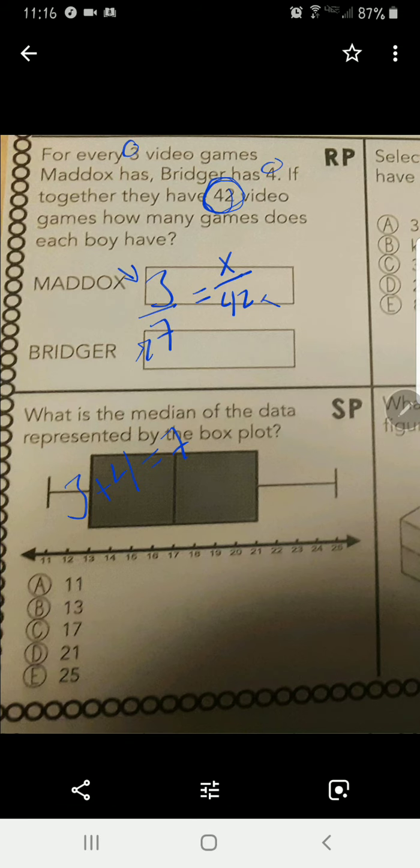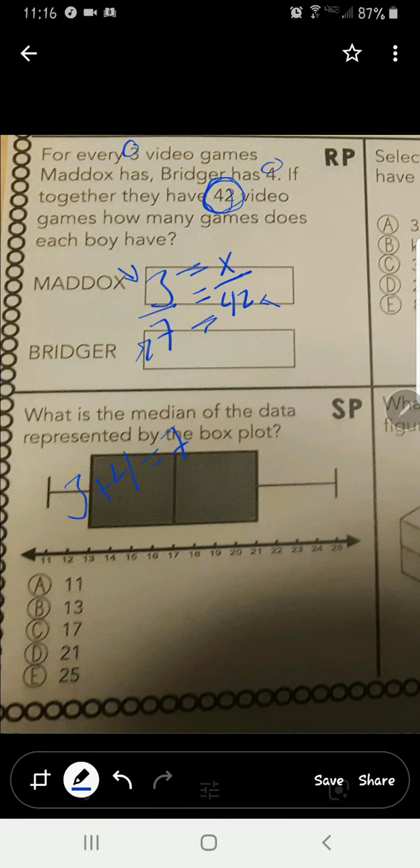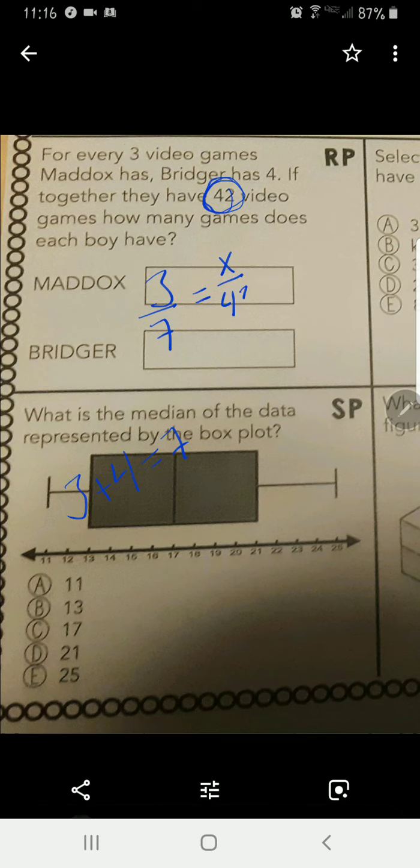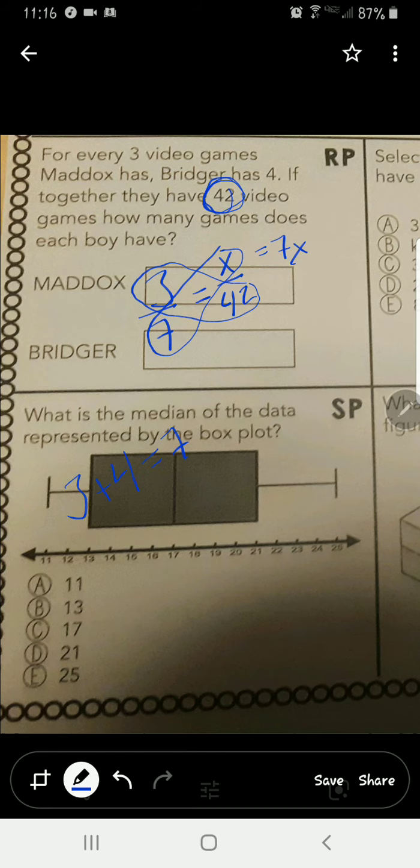So that's another total because these link up. And that should tell us how much Maddox has out of the 42. Okay, so we're going to go the butterfly again and multiply these guys. That's 7x. Figure out what 3 times 42 is.